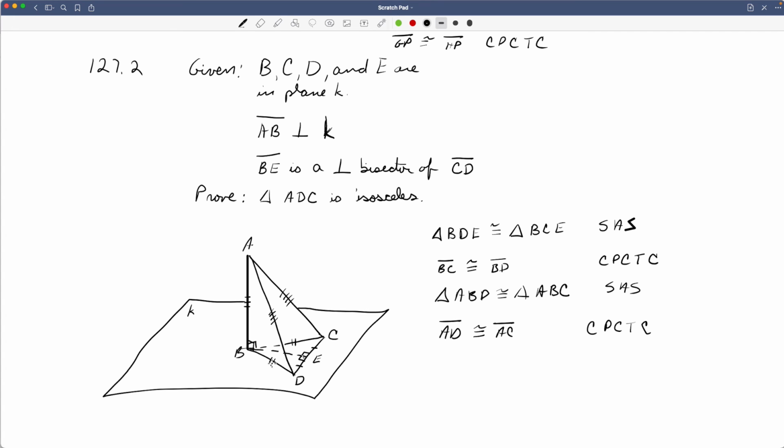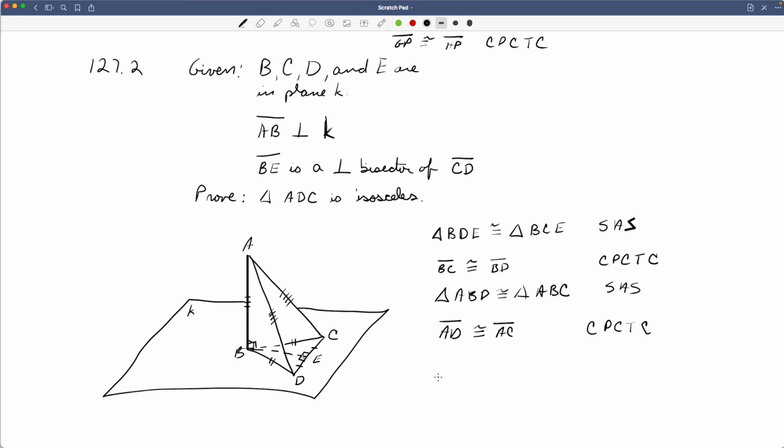Because this triangle is congruent to this triangle, this side is congruent to this side. If side angle side proves that triangle ABD is congruent to ABC, then the hypotenuse of both of these right triangles have to be the same as well. And that's called congruent parts of congruent triangles are congruent.